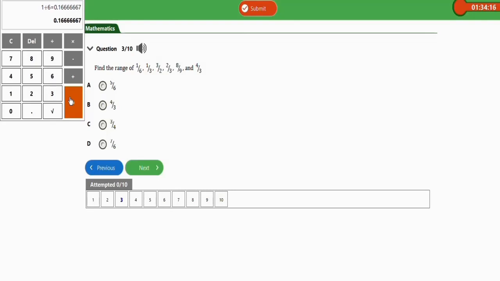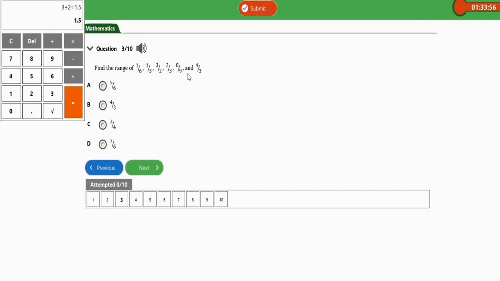From my own perspective, the highest fraction here is 3 over 2. So let's take the value of 3 over 2. 3 divided by 2 should give us 1.5.